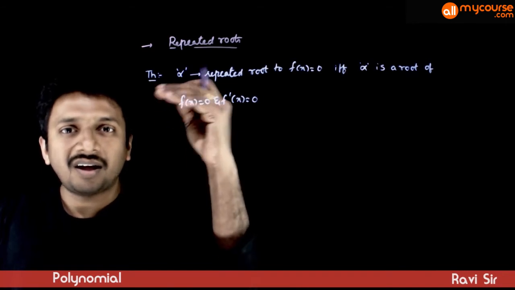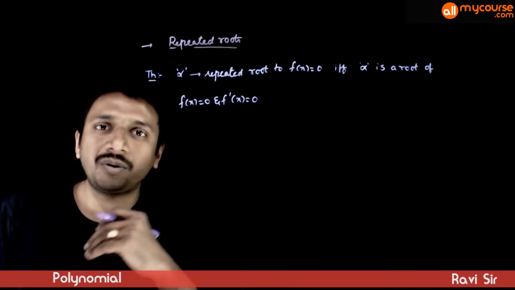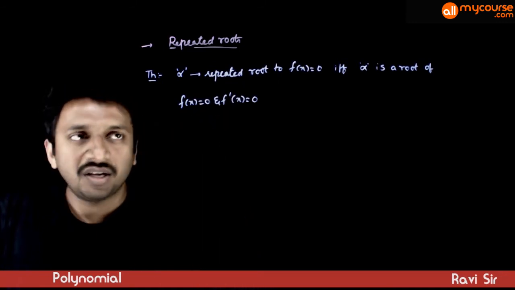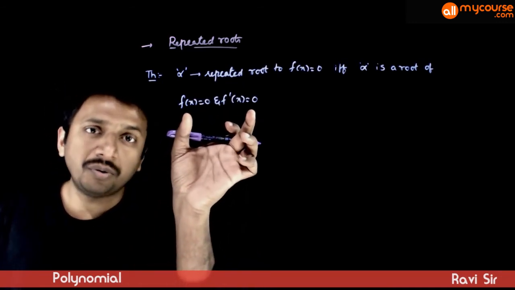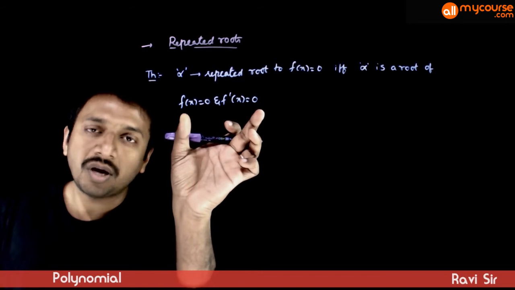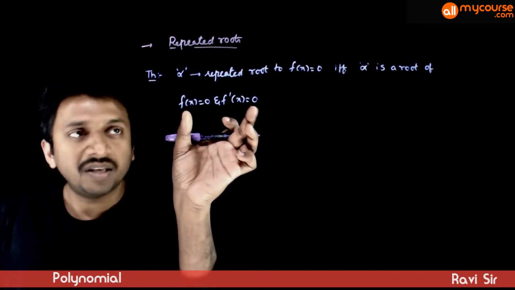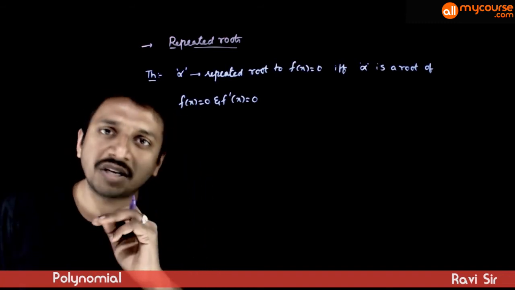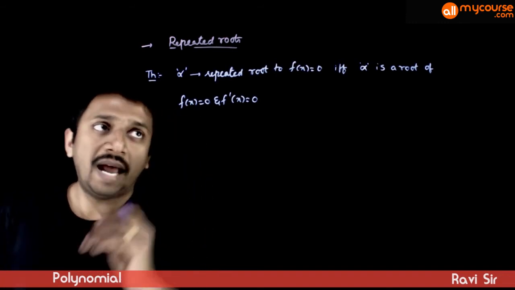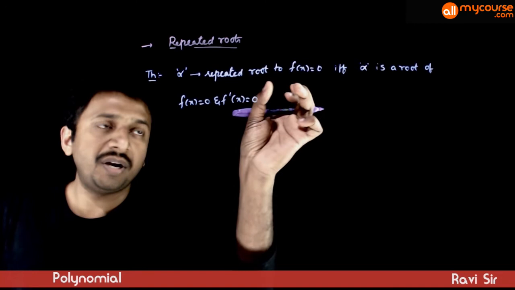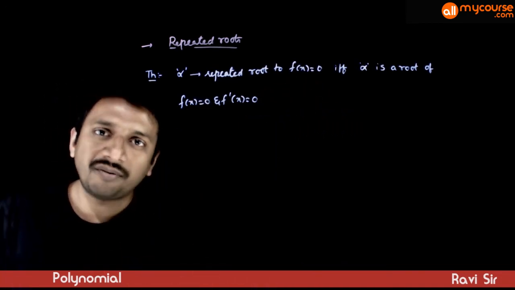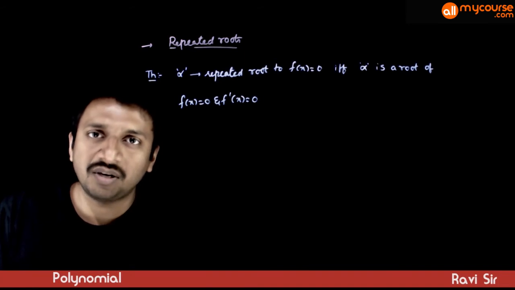This statement works in both ways. If you have a common root to f of x is equal to 0 and f dash of x is equal to 0, then that root will always be a repeated root to the original equation f of x is equal to 0. And if alpha is a repeated root to f of x is equal to 0, then it will be a common root to f of x and f dash of x is equal to 0.